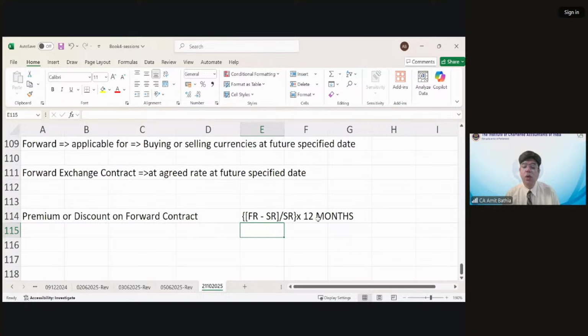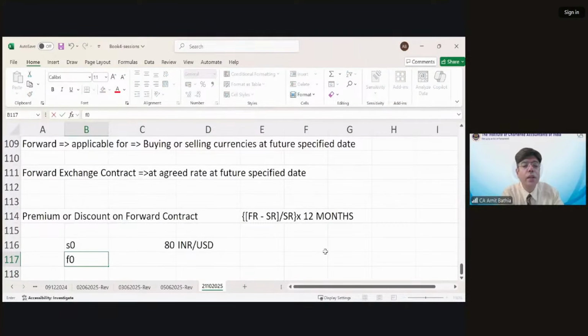If the prevailing spot rate today is 80 INR to USD, so S0 is 80, and let's say your forward rate today is 84, again INR to USD, what is the premium or discount going on?